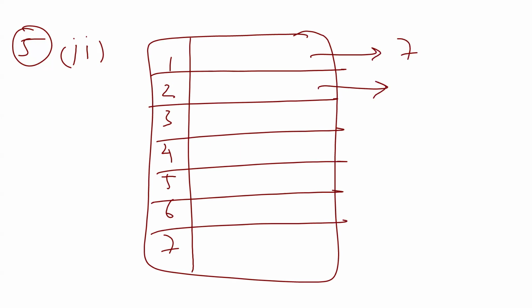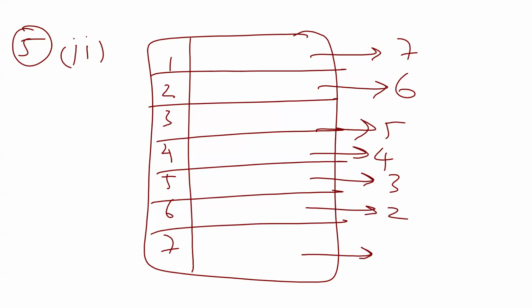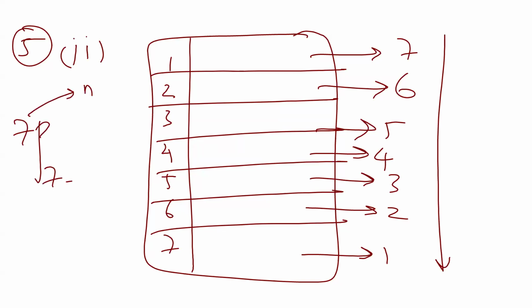The second name can be filled in 6 ways, any one of the 6 names. Then 5, 4, 3, 2, 1. So you can multiply all this, or you can simply use it: there are 7 objects and 7 places, so 7P7, 7 factorial. Any one of the methods is applicable.